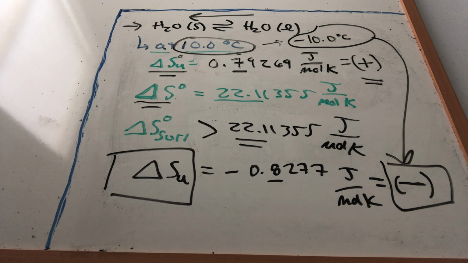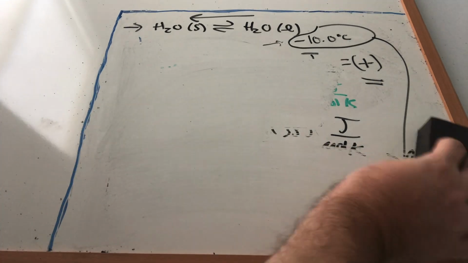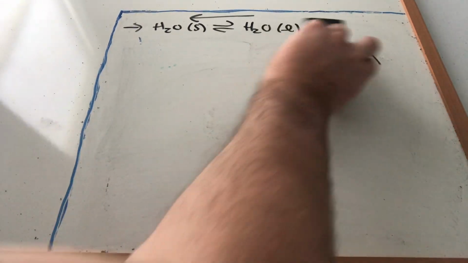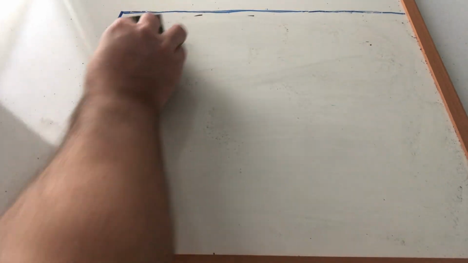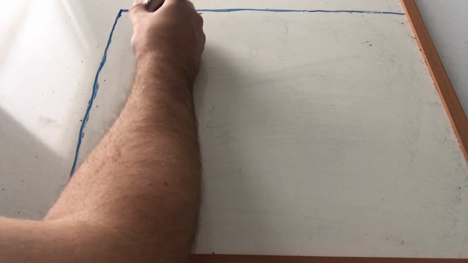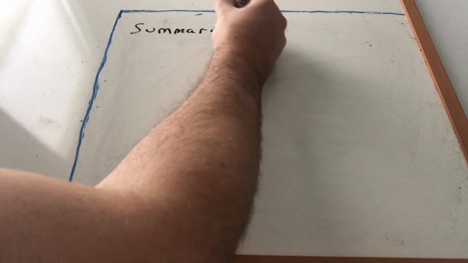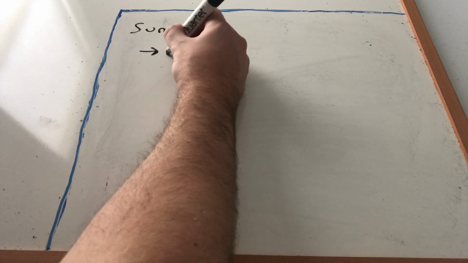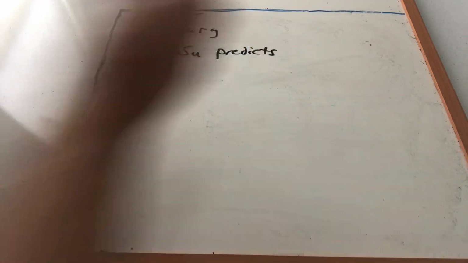So one quick little summary, because we went over a lot of important things. This is everything that you need to be able to digest about this video and everything we've talked about with entropy so far. All right, summary. Delta SU predicts spontaneity.